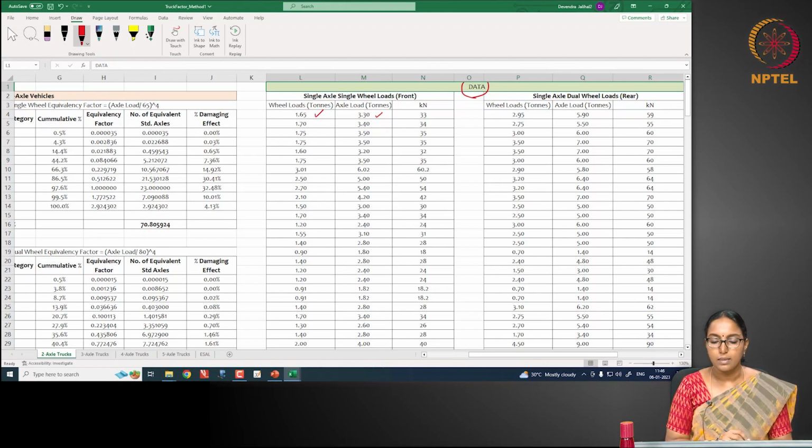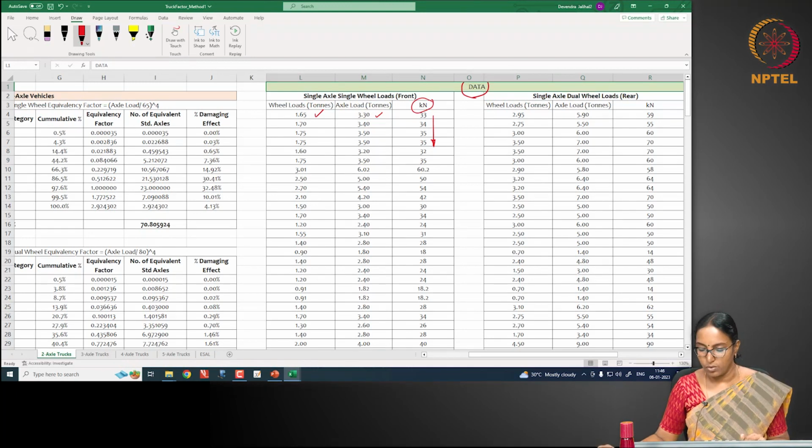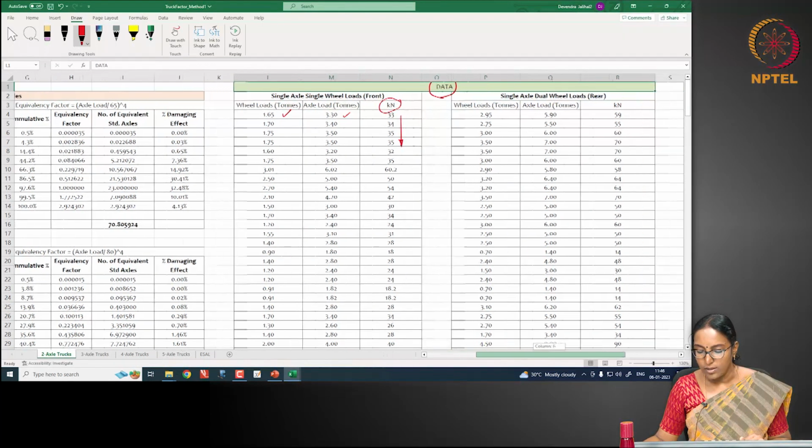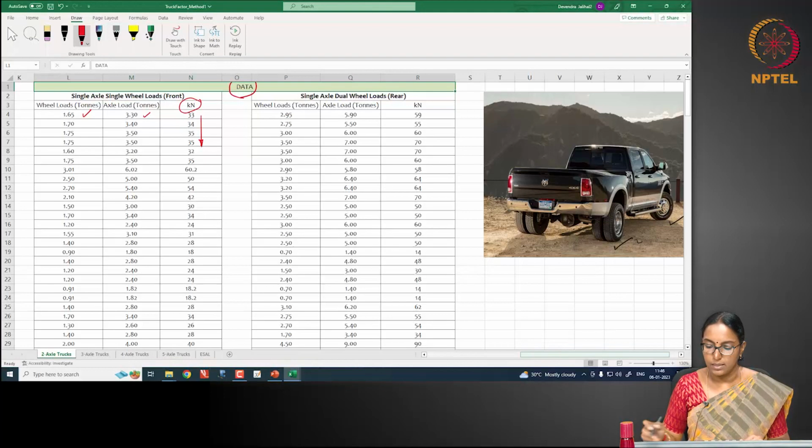In tons, it is then converted into kilonewton. So you see that this is the axle load data that you have collected for the front axle of this 2 axle truck. Okay, and similarly on the rear axle you have a single axle dual wheel.